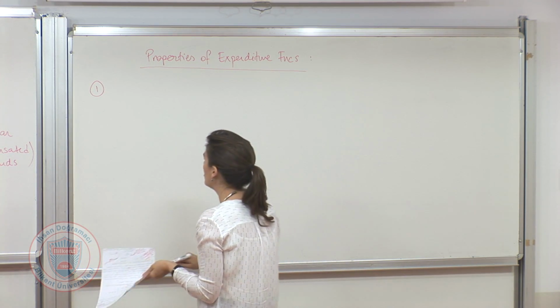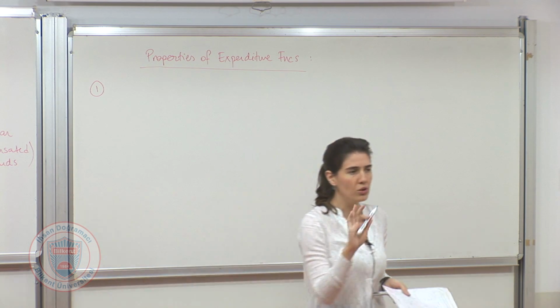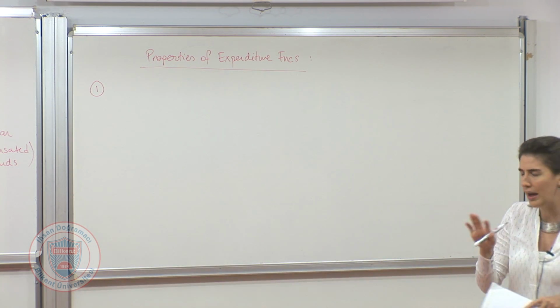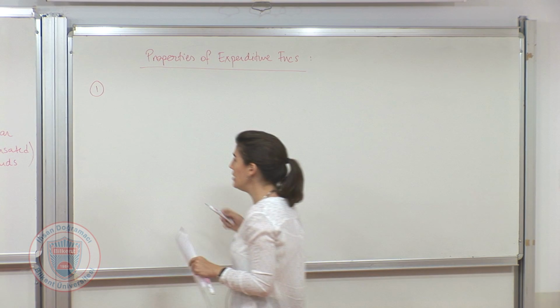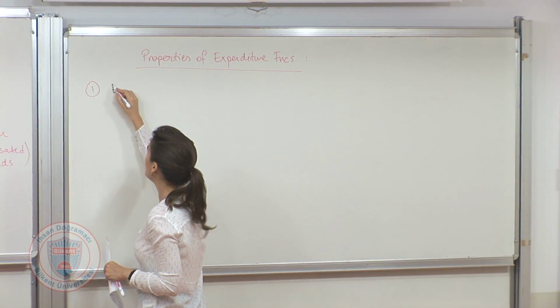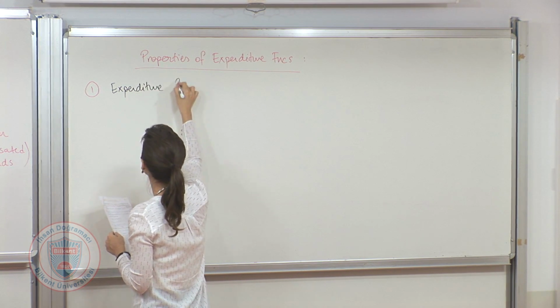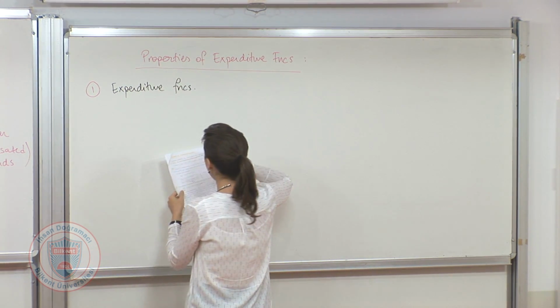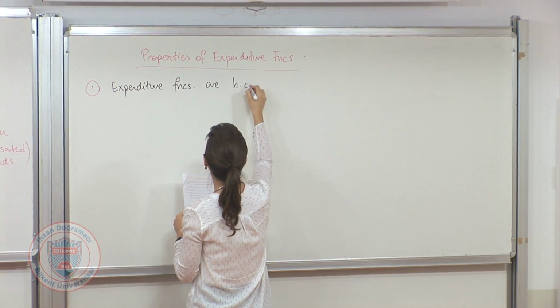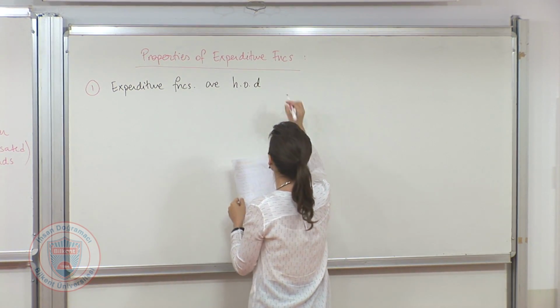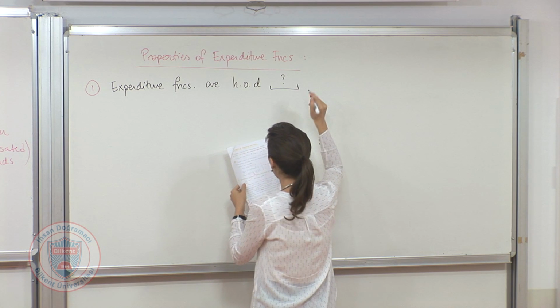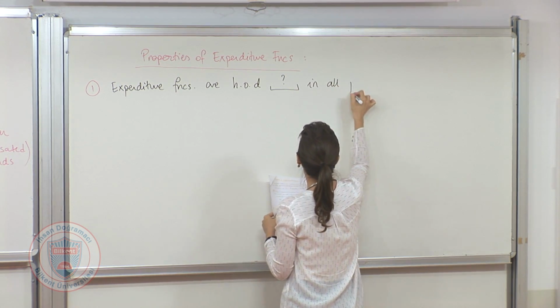So if you have a look at the book, don't get confused, and I'll try to explain intuitively mostly what they mean. So basically, expenditure functions are homogeneous of degree, guess what, in all prices.